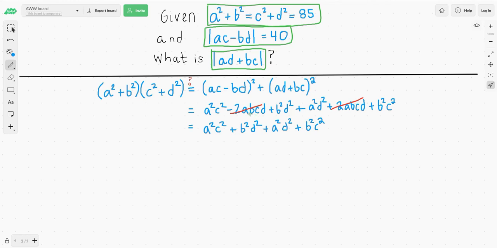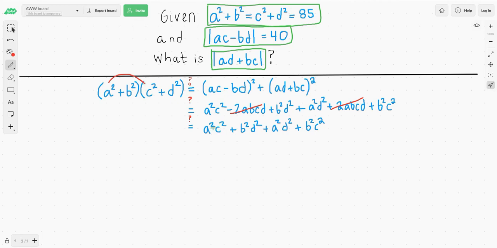Now let's mentally check that this is true. Maybe I'll write question marks all the way through. Let's check that the left-hand side here, when we multiply this out, does in fact give what's on the right-hand side. We take a squared times c squared.